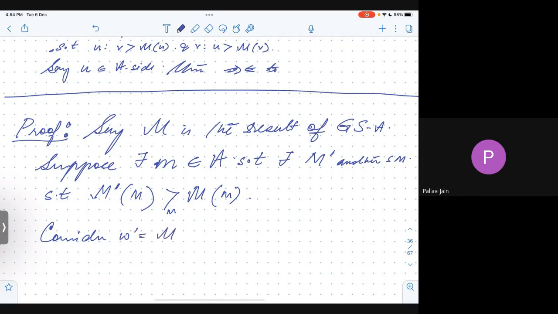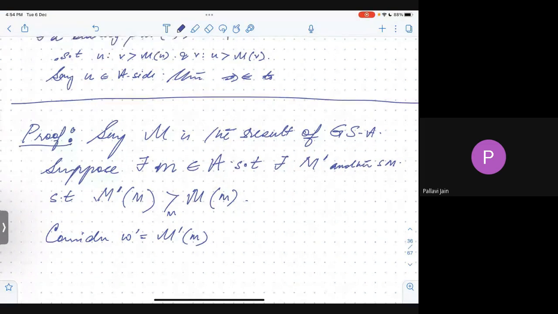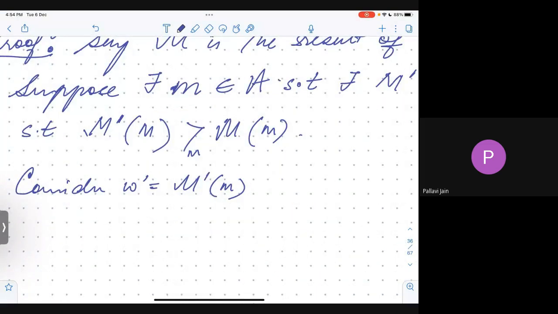This woman, W prime in M, must have received a strictly better partner, else W prime and M would block M. Correct?